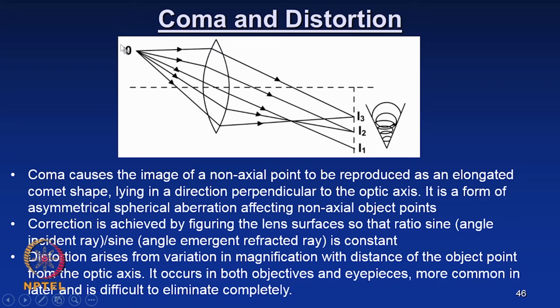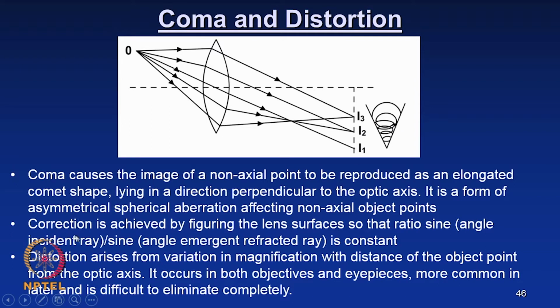You can see that your non-axial points are appearing as I1, I2, I3, and then this forms an elongated coma shape perpendicular to the optic axis like this. That causes an image distortion, and it is a kind of asymmetrical spherical aberration.